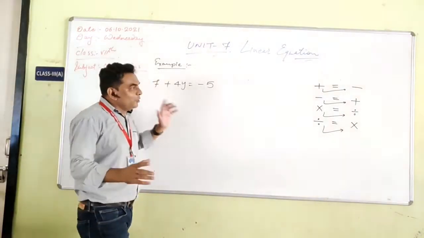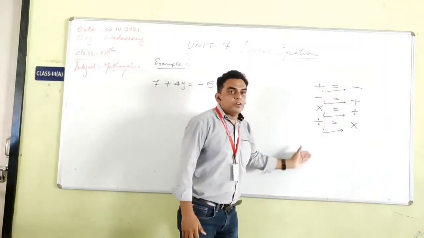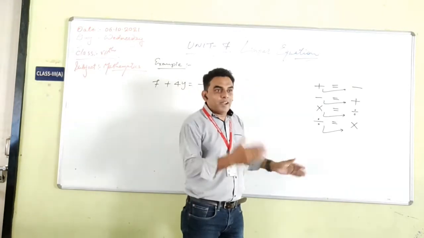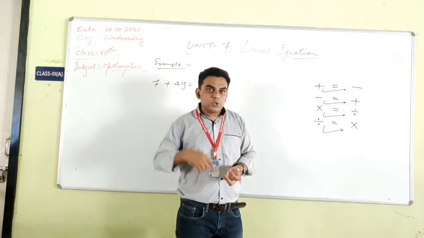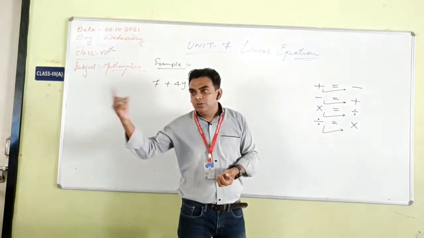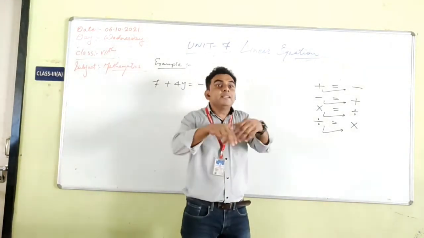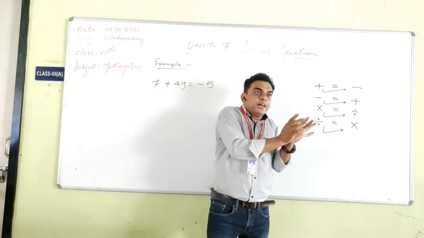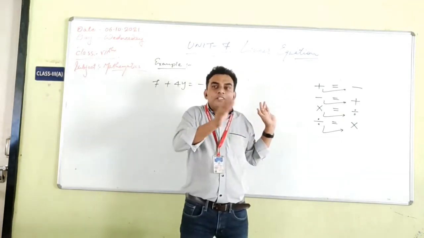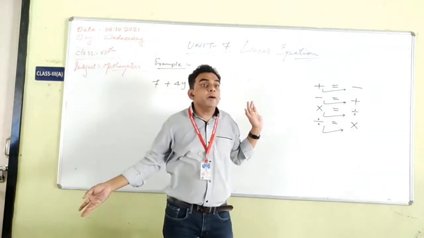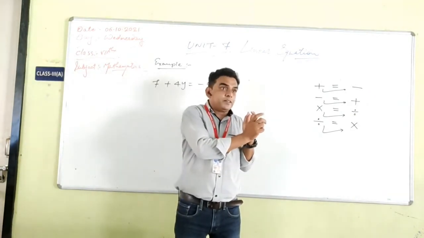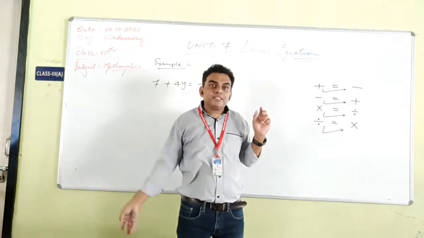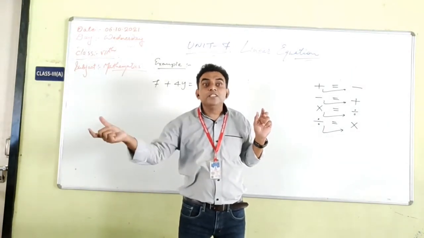And you know the concept to move from plus to minus, minus to plus, division to multiplication, and multiplication to division. They interchange. If there is a plus on the left side, whenever it goes to the right side, it will be minus. Whenever multiplication is on the left side and it goes to the right side, it becomes division.